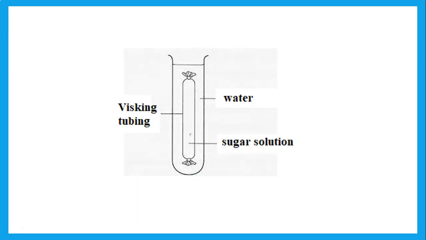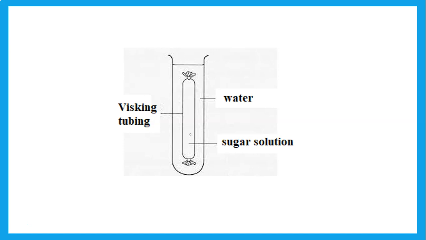Another one is where I have something called a whisking tubing. So remember, if he mentions a whisking tubing or a cellophane bag or a dialysis tubing, all of these are kinds of semi-permeable membranes. That means they will allow the water to move in and out, but they will prevent large molecules from moving in and out.